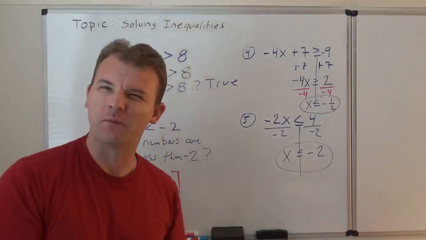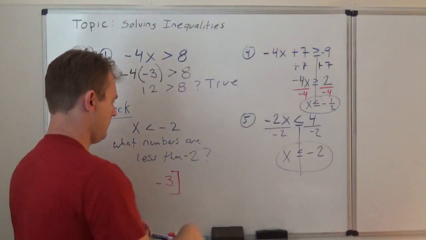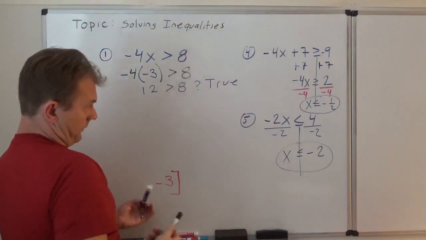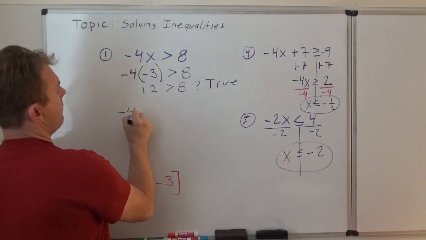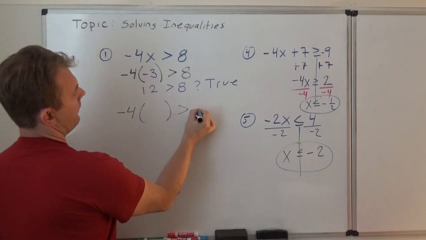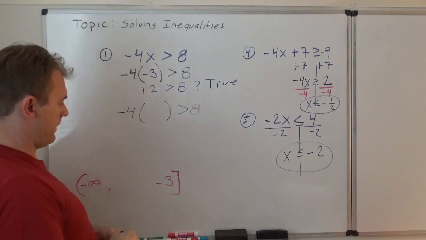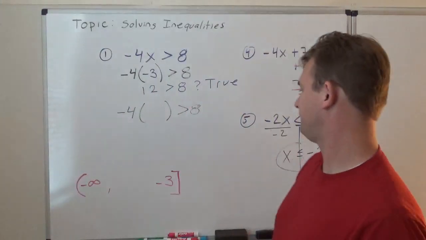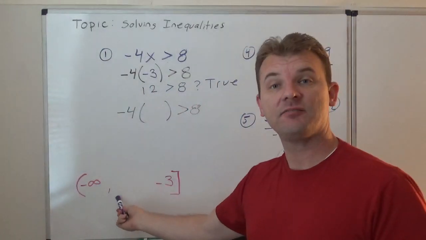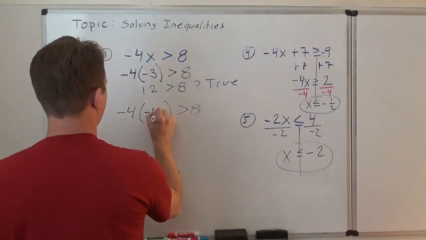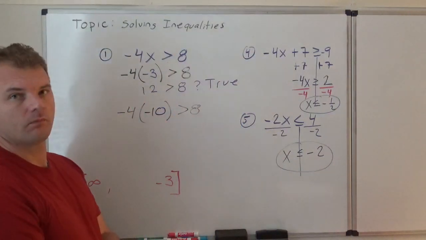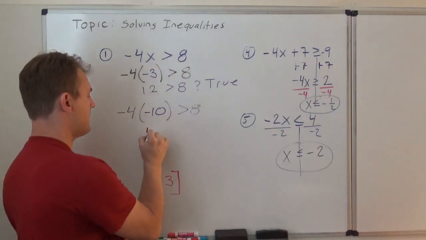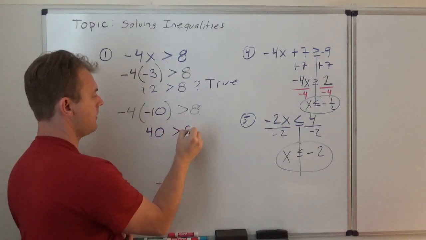Are you joking with me? -4x greater than 8. So what else can we put in there? Let's just jump the gun a little bit. What about -10? Let's see, that's negative times a negative is a positive. That's 40 greater than 8.